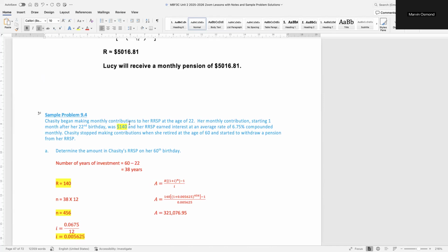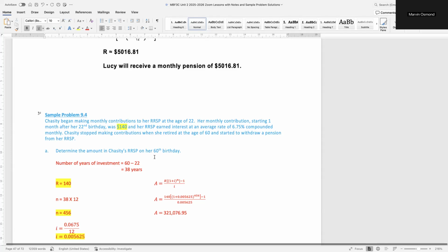And her RRSP earned interest at an average rate of 6.75% compounded monthly. Chastity stopped making contributions when she retired at the age of 60 and started to withdraw a pension from her RRSP. So we're going to break this problem down into steps and lay it out step by step so we don't make any mistakes.